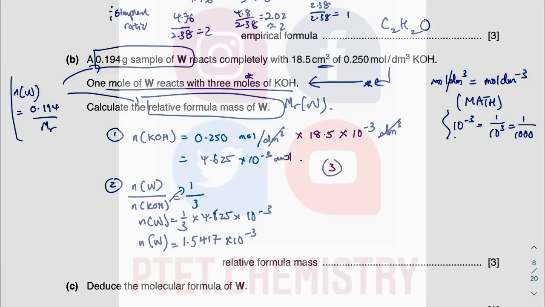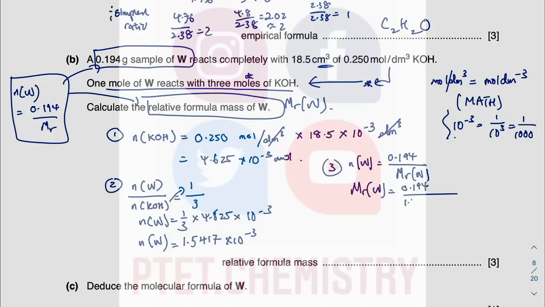But then we also know this: the mole of W is equal to 0.194 divided by the MR of W. And I want the MR of W, so I can just do 0.194 divided by the mole of W. Make sure you copy the right thing and double check your calculation, because these are the common mistakes that people make.